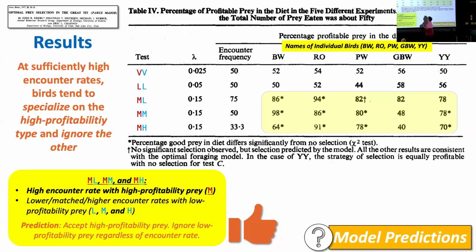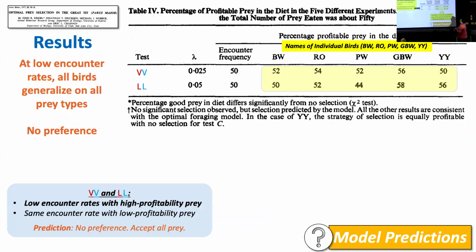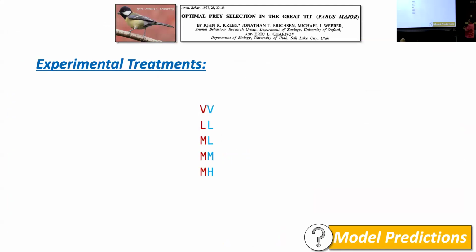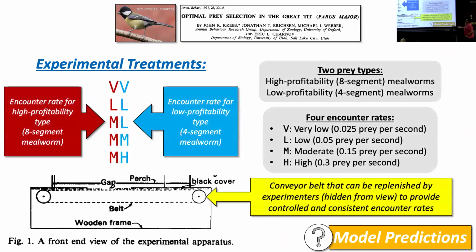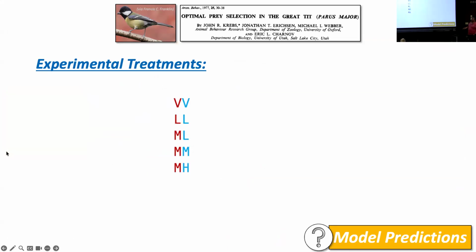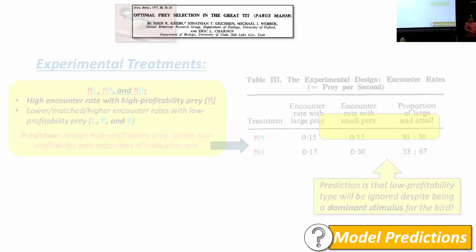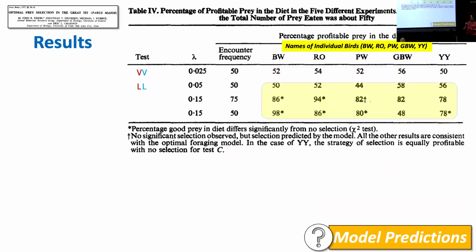I might have got that backwards. Yeah, so I can go back. There's a slide back here where I define those. So these are the 5 treatments, and these are how they're defined. And then so blue is low profitability and red is high profitability.